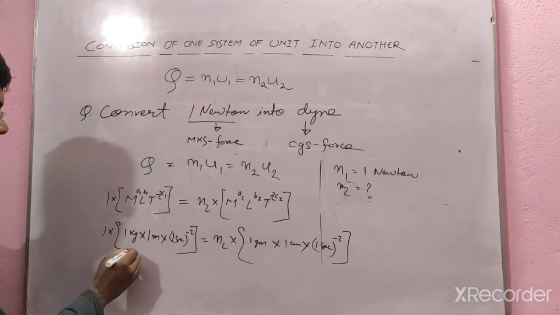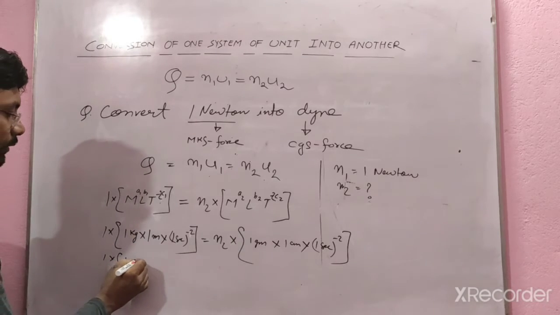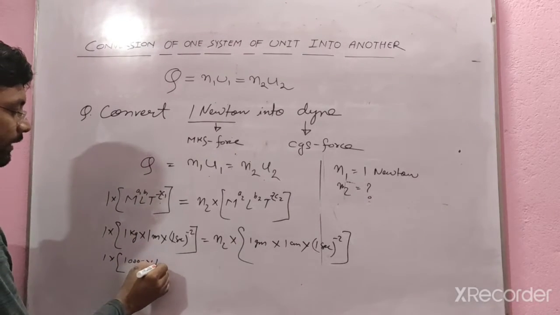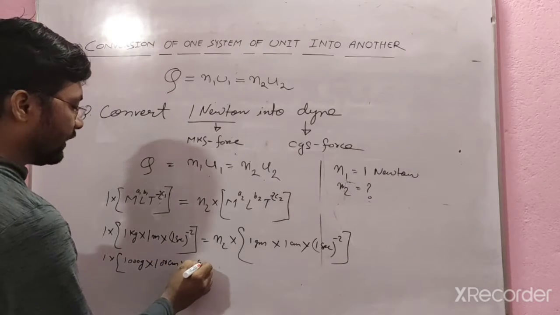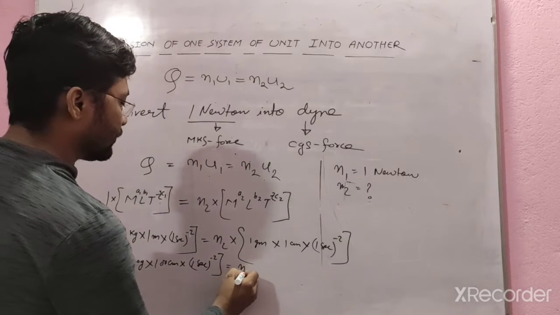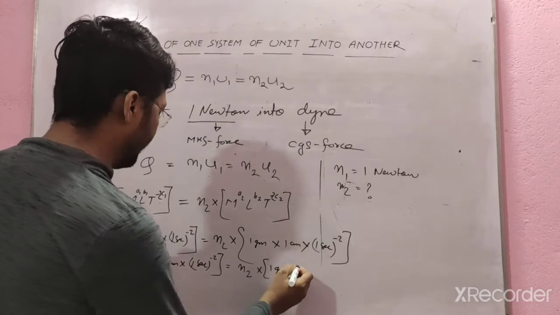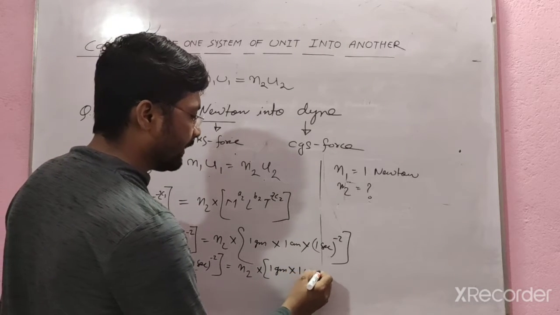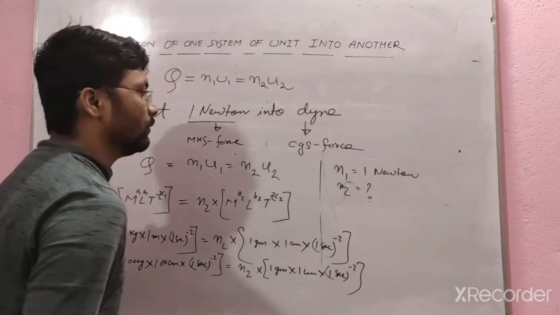Now just calculate this. 1 kilogram is equal to 1000 gram, 1 meter equals 100 centimeter, multiplied by 1 second to the power minus 2, equals N2 multiplied by 1 gram multiplied by 1 centimeter multiplied by 1 second to the power minus 2.